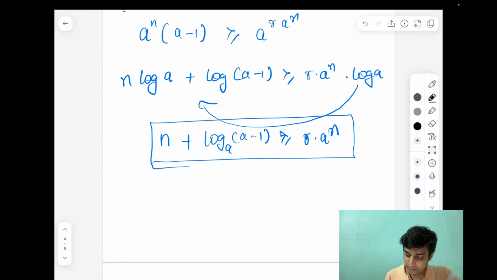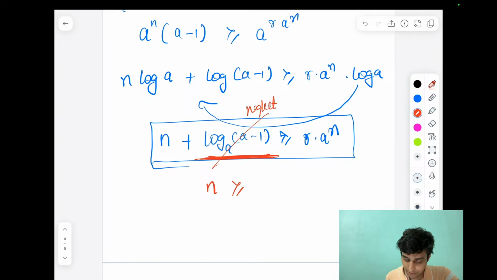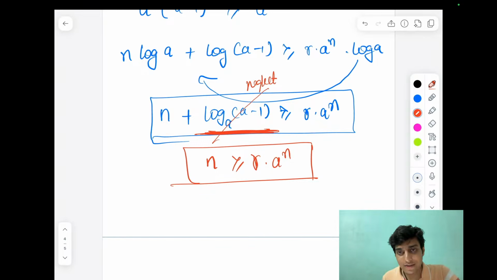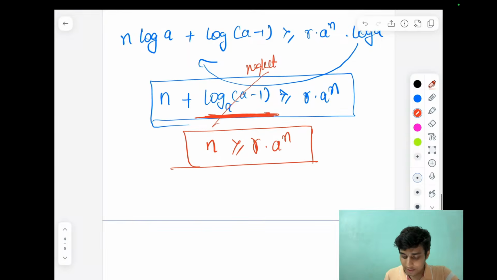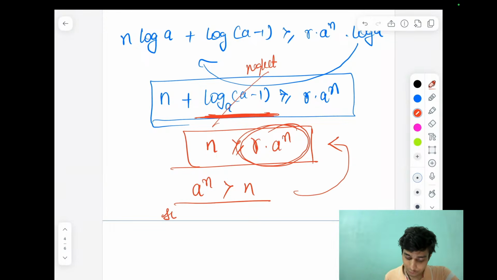This is a very negligible value, so we can neglect this. I know this condition, that this function a to the power n is always greater than n, and it's contrary. So g of n cannot be a to the power n.